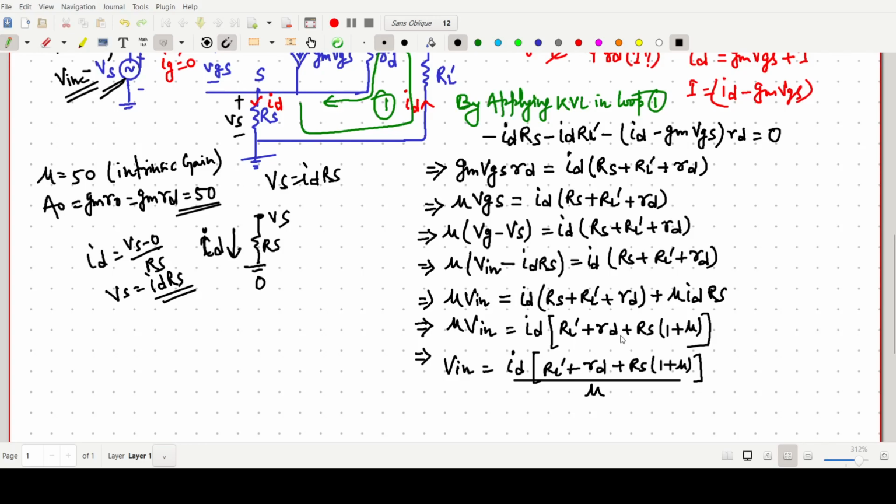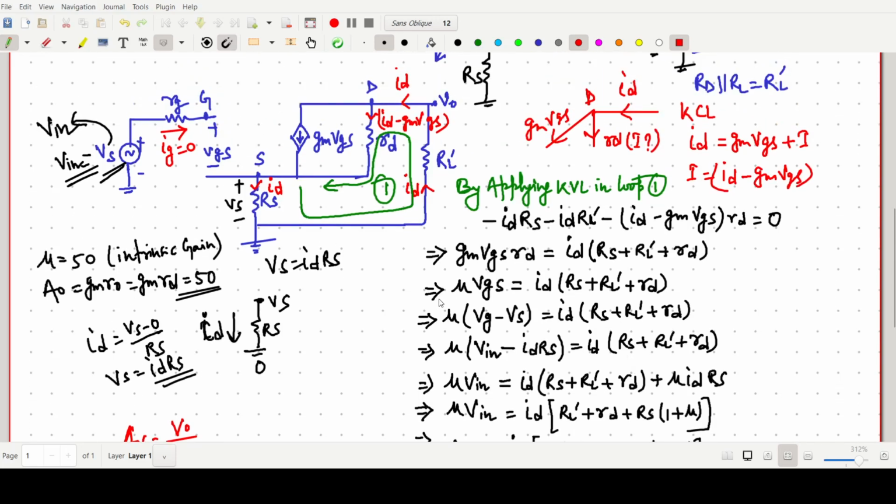Now we have the value of V in, and in our question we have to find the value of AV, the midband voltage gain. That is V naught by V in. V in we have already found, so now we have to find V naught.